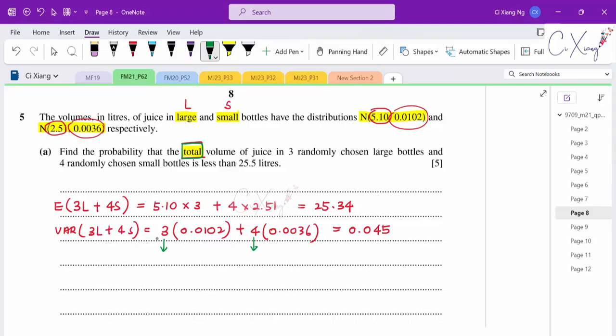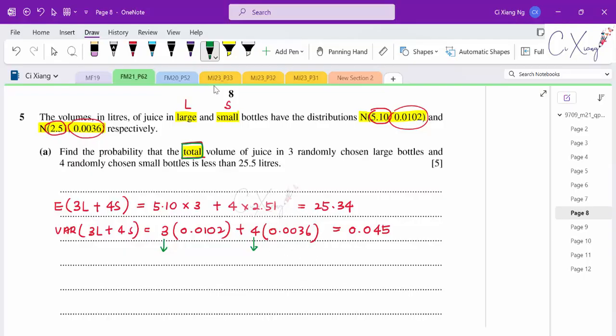You understand or not? So for this question, we didn't square the 3 and we didn't square the 4 because we are having the total for 3 large bottles and also 4 small bottles. For the 4 small bottles, basically it is variance S1 plus variance S2 plus variance S3 plus variance S4. So when you simplify, it should be 4 times variance S. Okay?